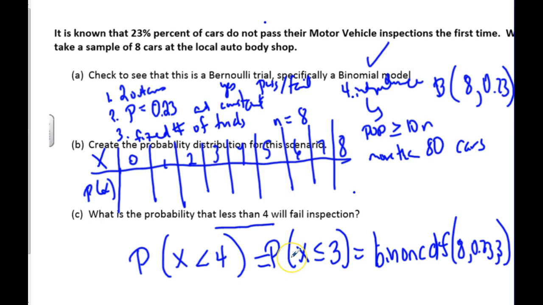Once I put that into the calculator, I will end up getting 0.912.